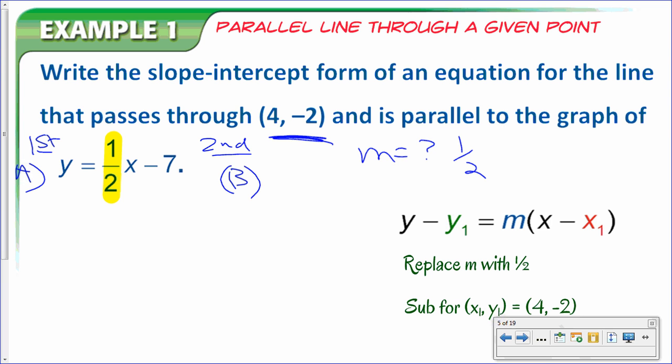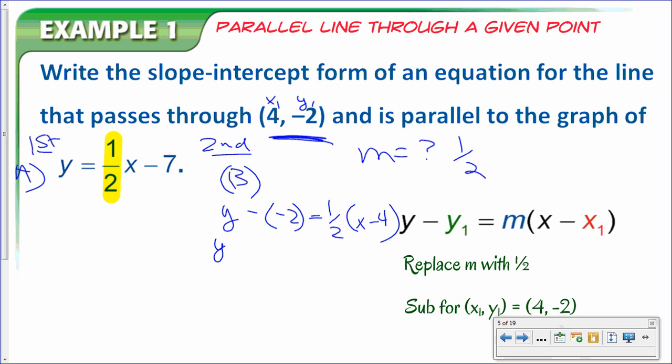Okay, so now, since I have point slope, I can go ahead and start at point slope and just simplify it. Y minus what? -2 equals 1/2 x minus 4. Good. That's where this comes from, x1, y1. Now it's just a matter of simplifying it.